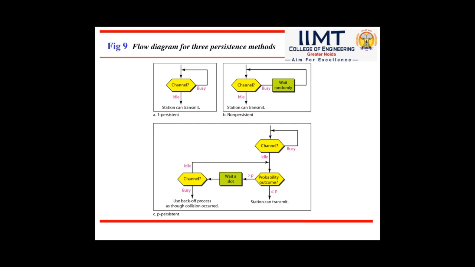Suppose four stations are present, then different probability values are assigned to these four stations. Suppose the probability values are 0.2, 0.3, 0.4, 0.5. This is the probability of the station. When the frame comes, the probability of that particular frame is set, and that value is compared with the station probability.